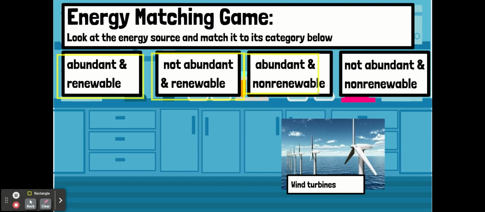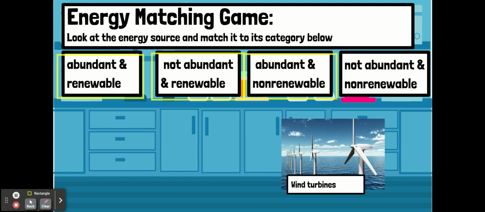The third category is abundant and non renewable. So that means there's a lot of it around, right? But it's hard to make more of it. You don't naturally get more reoccurring on Earth.